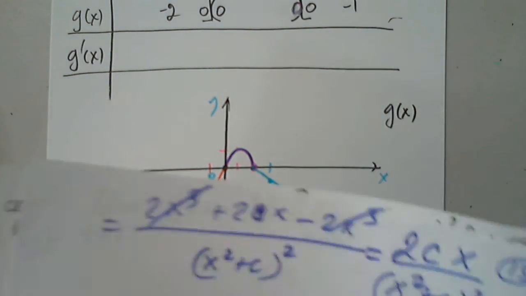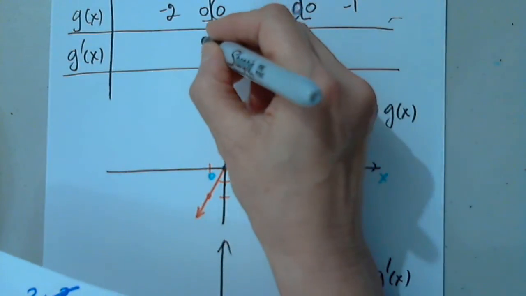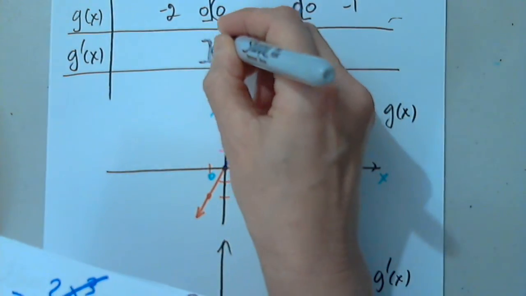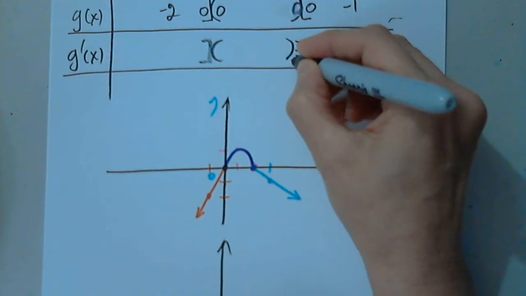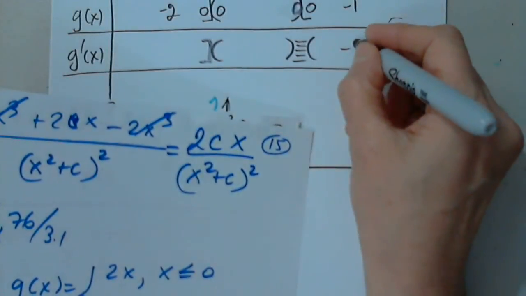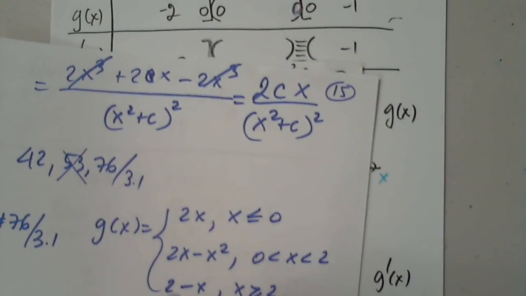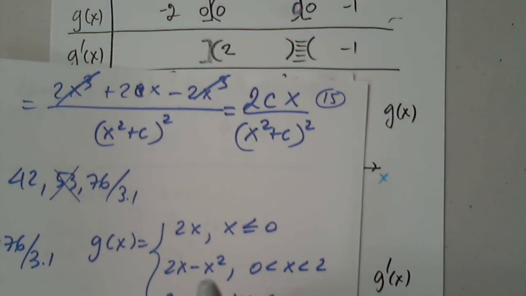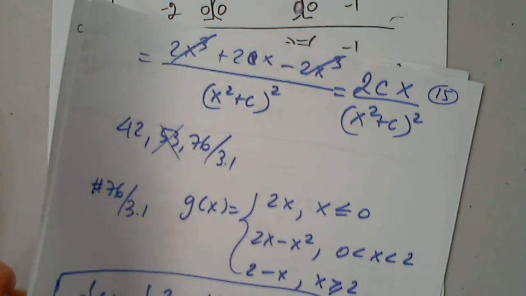Okay, so I already know the derivative. So here it has closed and open. Here it's open on both sides. Okay, and here is -1 everywhere. Now here in the middle, with 0, I have 2, and with 2, I have -2, and that's what we got at -2, correct?